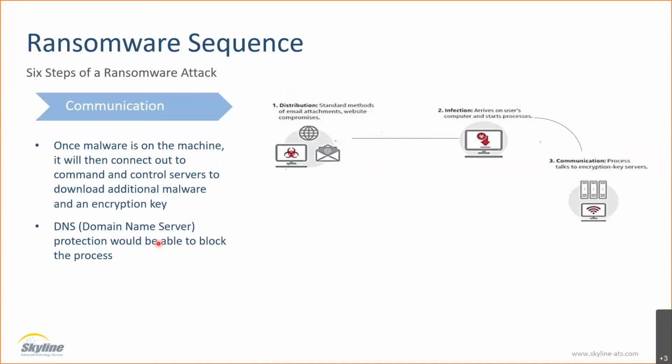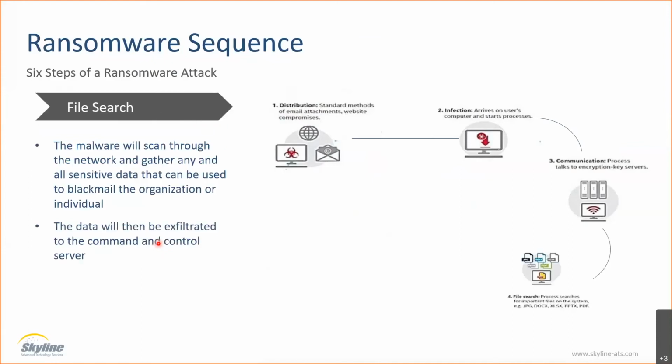The domain name server says, okay, Cisco.com or Amazon.com corresponds to this particular IP address. That process runs continually. If you have DNS-level protection on your network, you would be able to block the connection out to the command and control server.